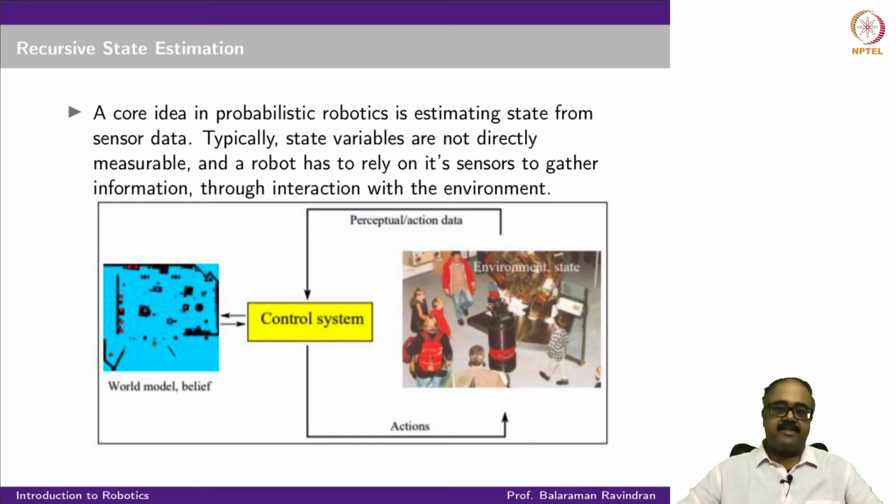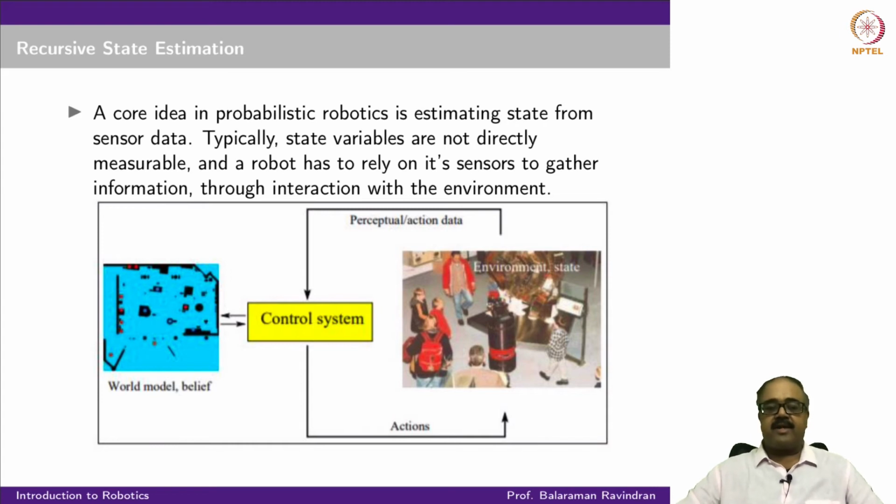Let's say that is my initial estimate. And then I say I'm going to move 3 meters north, and then I make another measurement. Now I have to figure out where exactly I am, based on my previous estimate, the measurement that I made, and the movement that I made. So all of these together help me re-estimate my state.